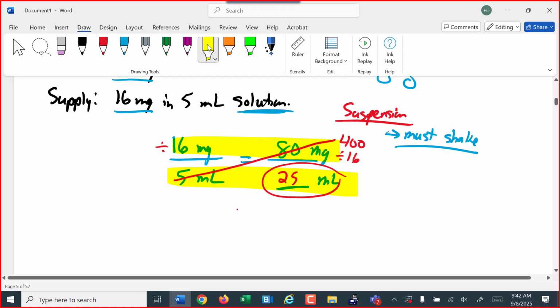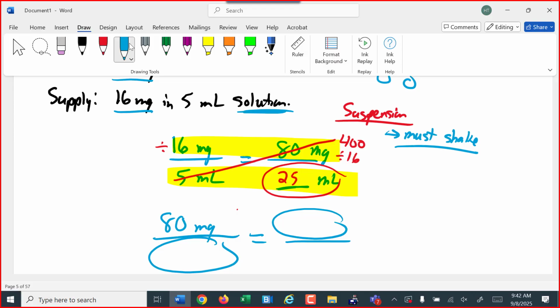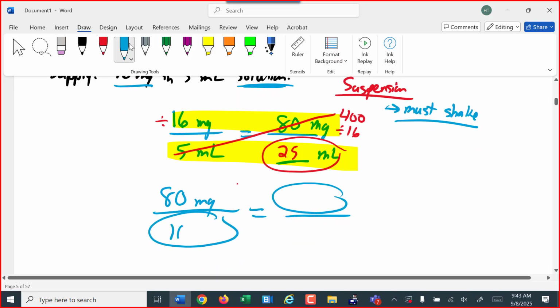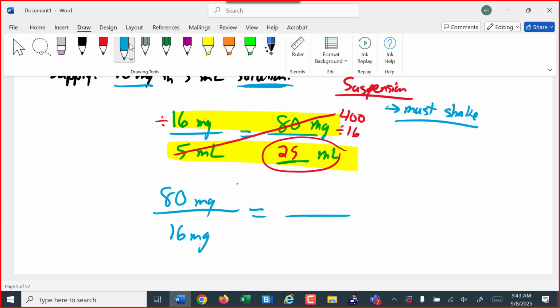If I had forgot that, and I just put out, okay, well, my doctor's order is 80 milligrams, well, now I know I either have to have milligrams here or here in my proportion. And it doesn't matter which one. If I put the 16 milligrams here, it's matched up in one direction. But there has to be a relationship in the other direction as well.